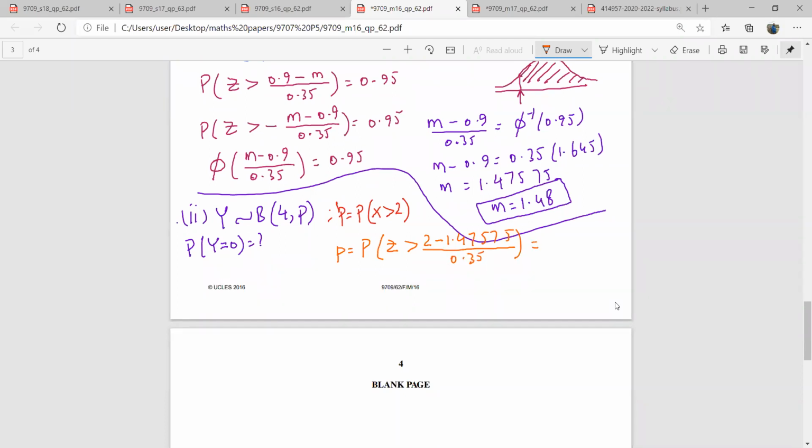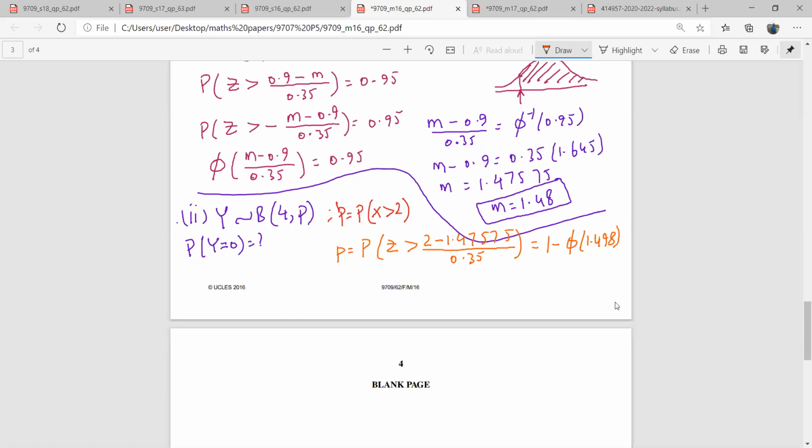Okay, let's use the calculator. 2 minus the answer, divided by 0.35. This is 1.497, okay, this is 1.498. This is 1 minus phi of 1.498.